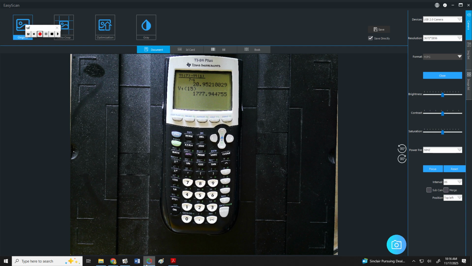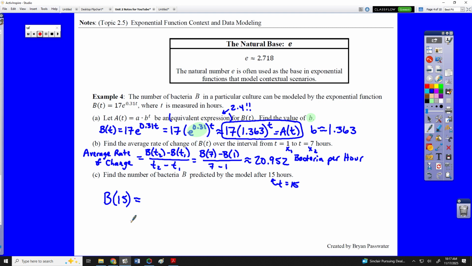And that will print out how many bacteria we would expect after 15 hours. Now when we round that off, remember we can either round it or truncate it. So it would accept 1,777 or 1,778. It does make sense for us to round to the nearest whole bacteria because of the context of the problem.